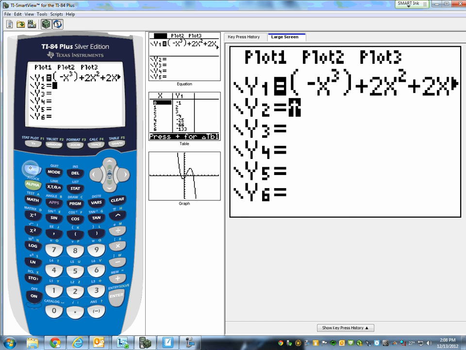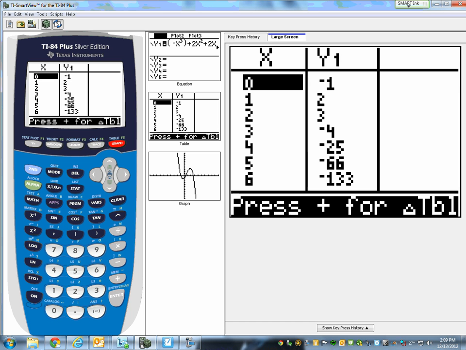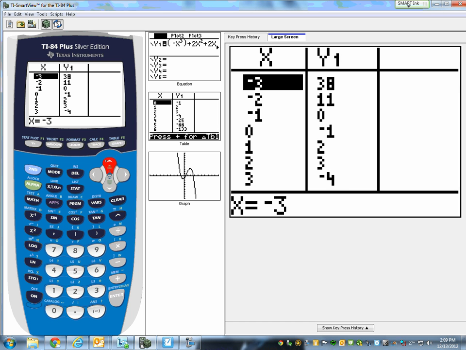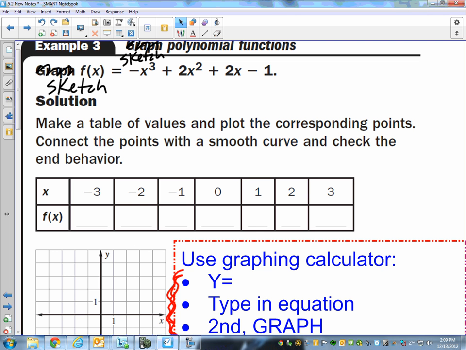So I hit second table, and then I can just use my table to plot a few of these points. For example, -1, 0 is one set of points. 0, -1 is another one, 1, 2, and 2, 3. So when -1 is x, that's 0.